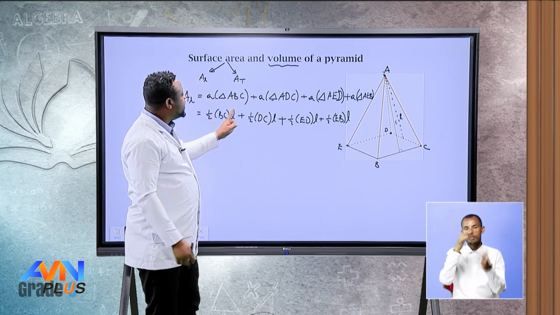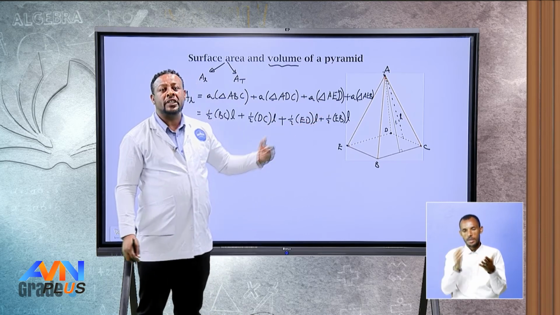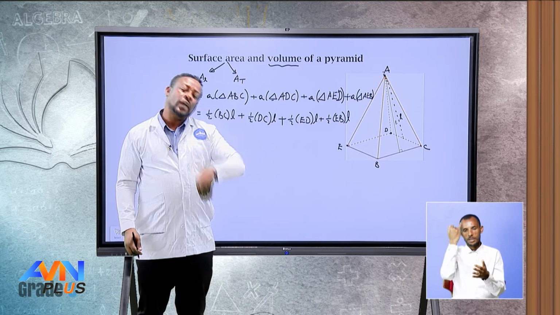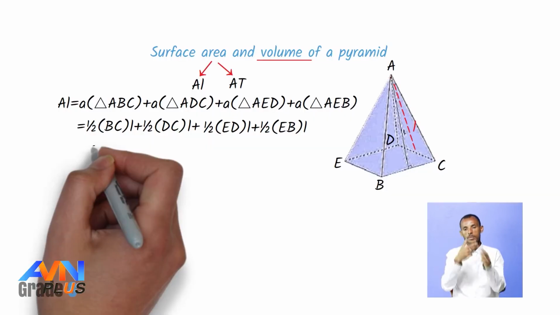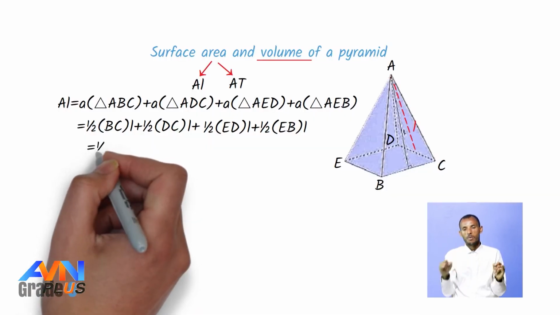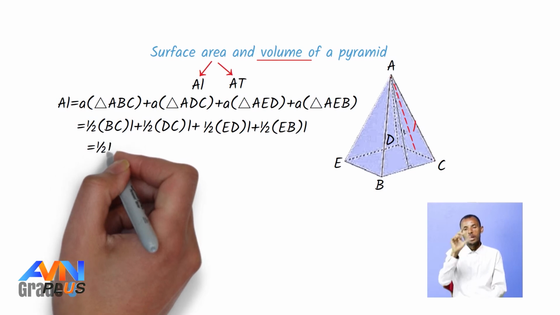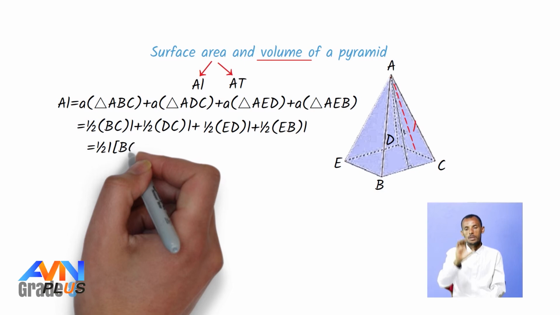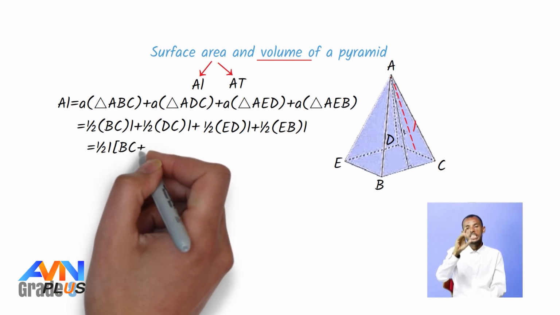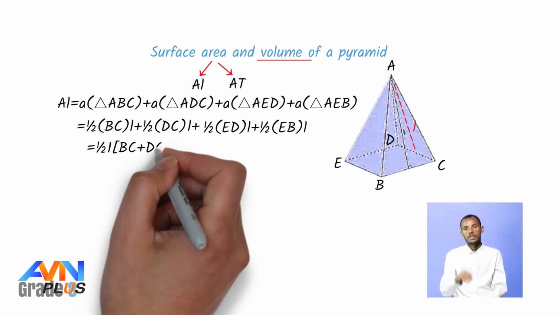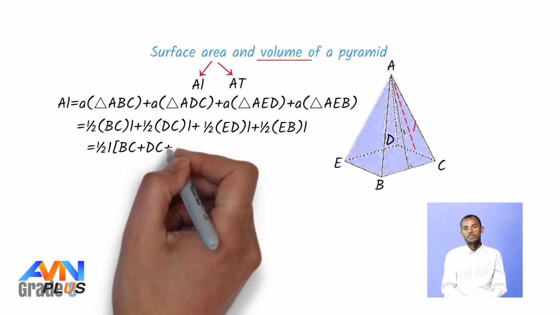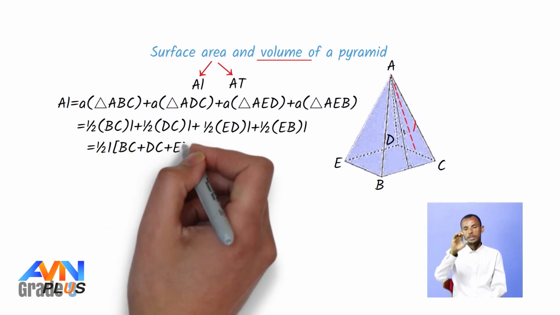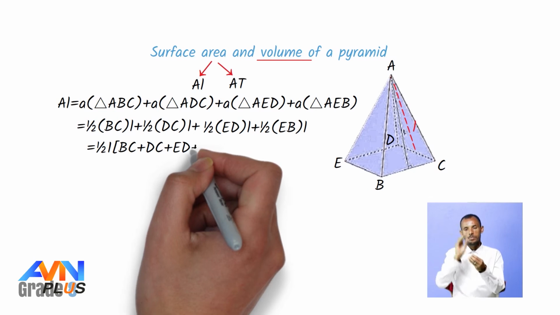Now, there is something common in all these four terms, 1/2 times L. If you factor out 1/2 and L, in the bracket we will have BC plus DC plus ED plus EB.